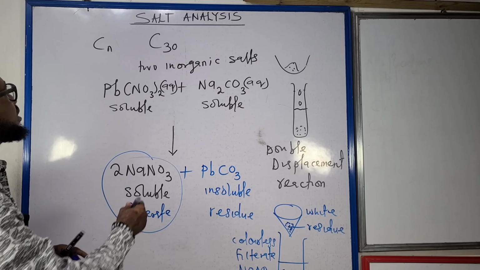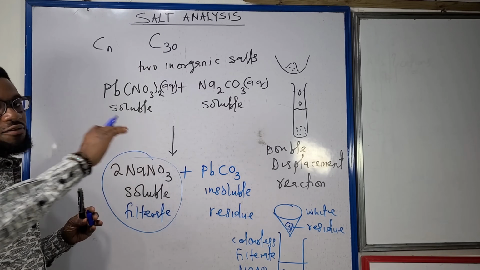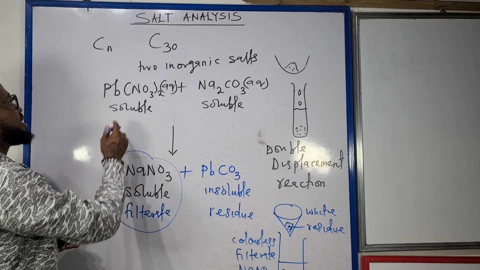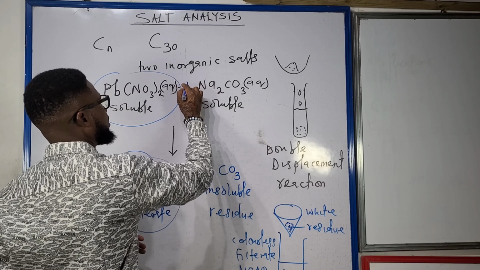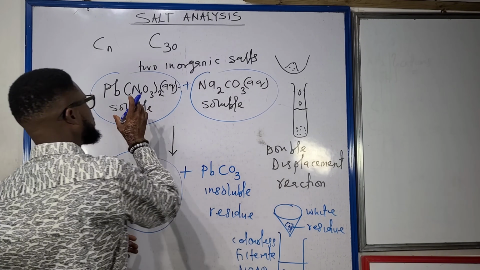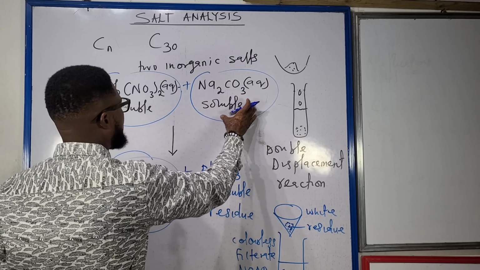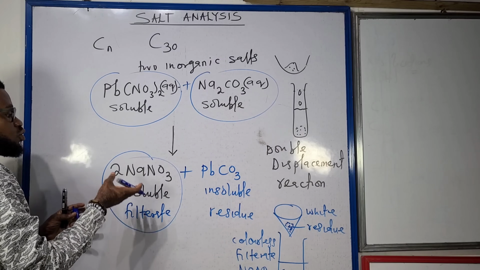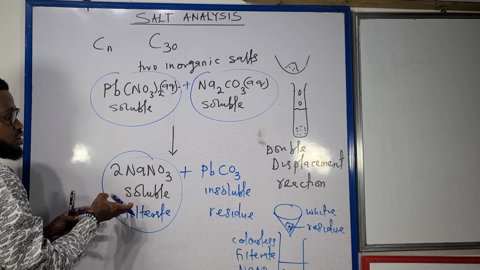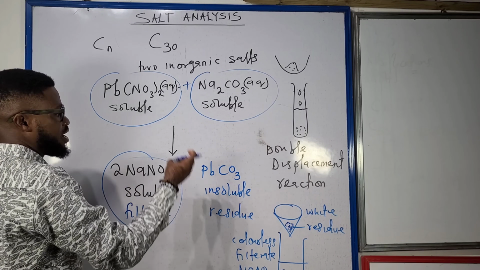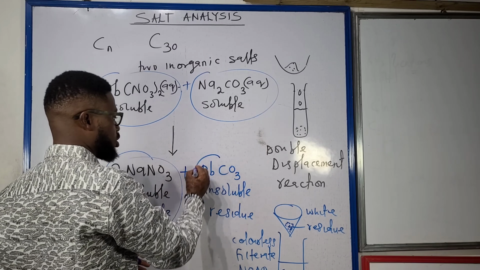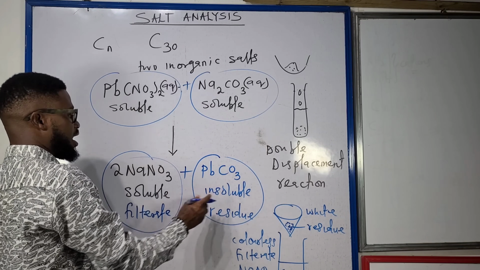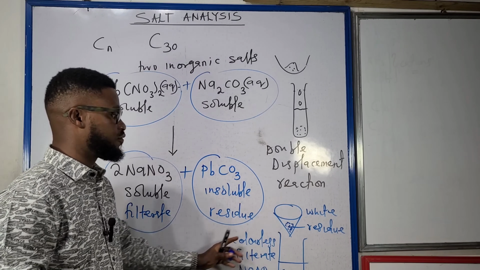So when we say Cn for your exam this year, Cn is actually a combination of lead nitrate and sodium carbonate, out of which you are going to have a solution that's a colorless filtrate, where we are going to have the insoluble portion, talking about lead carbonate, and that is going to form the residue.